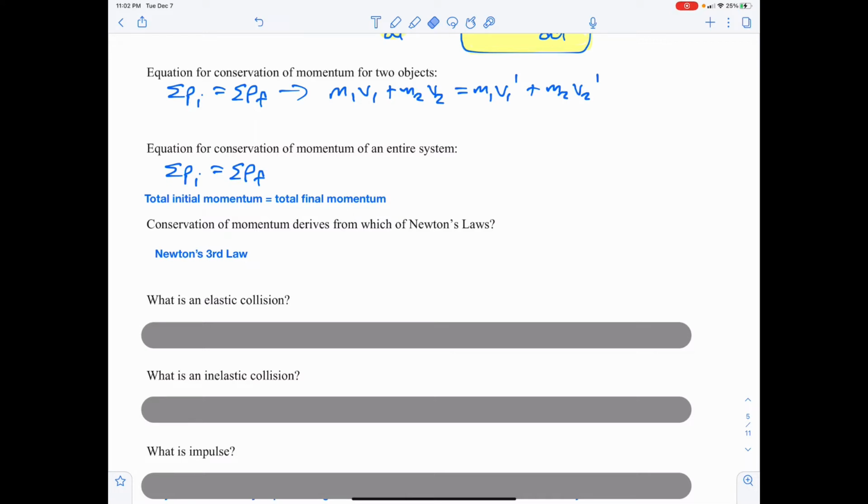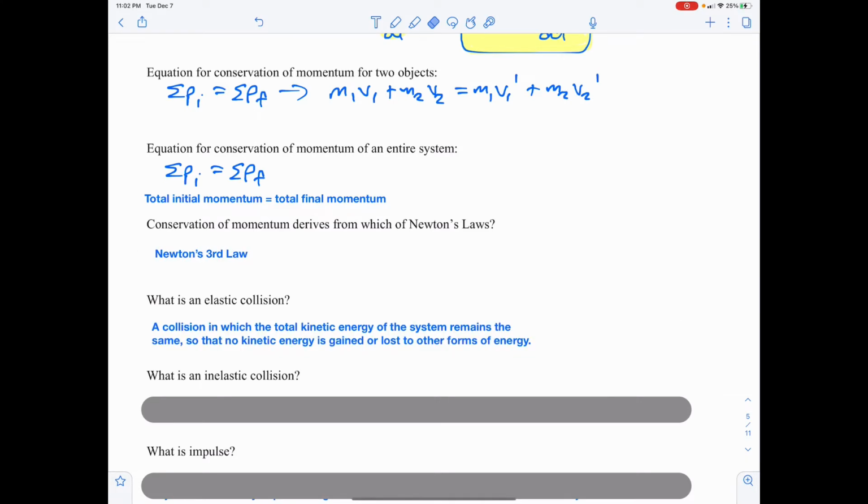The impulse delivered to an object, which is force times time, means that an object applies a force on another object. The second object applies an equal and opposite force on the first object in the same time interval. Therefore, we have equal and opposite delivered impulses, which really is just a statement of Newton's third law.